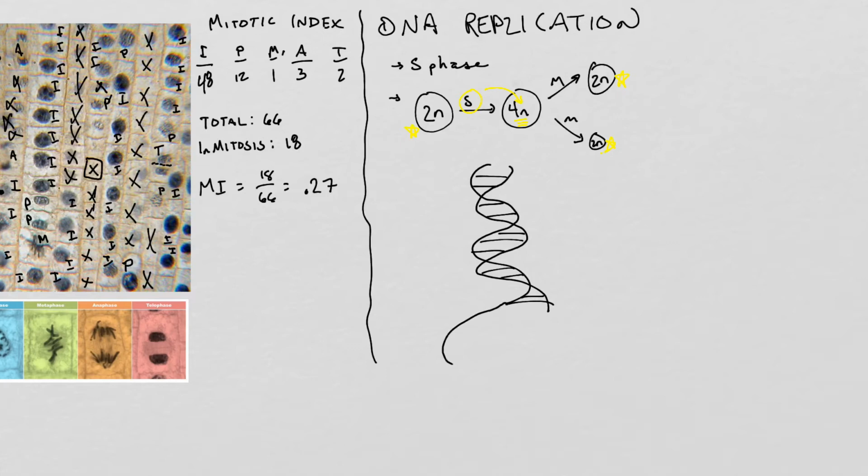First thing that has to happen is that the zipper needs to get unzipped into its 2 sides. And then a new strand is going to be added in here that is going to use the original strand as the directions for what should be on it. And so each new DNA molecule that is made is part old DNA and part new DNA.